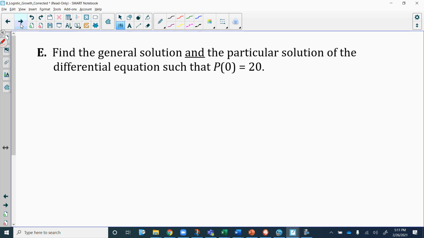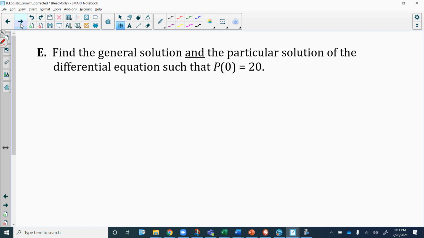The first way that I'm going to do it is very similar to what I did at the very beginning in that first example, where we did all the calculus with the separation of the differential equation so that we could identify the general solution, where we had to do the separation and the partial fractions and all that stuff. So we're going to do that here first.